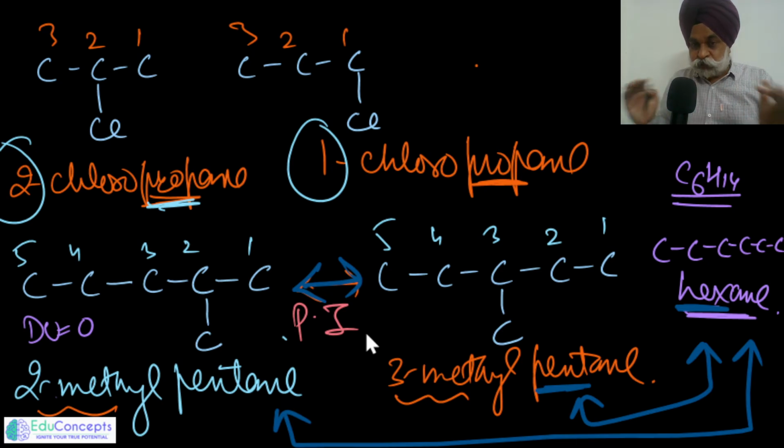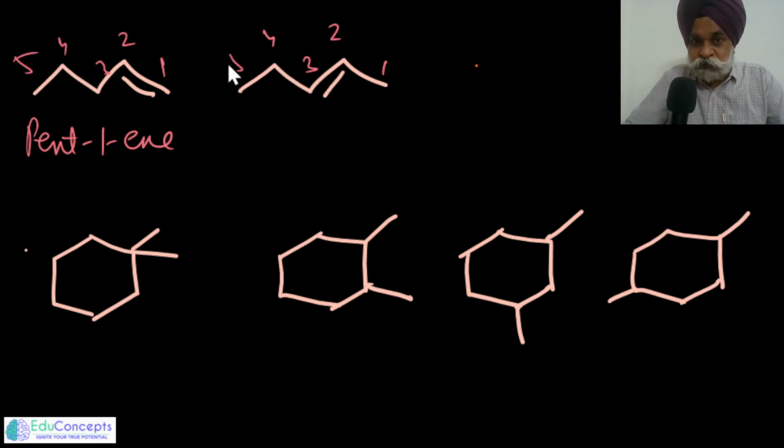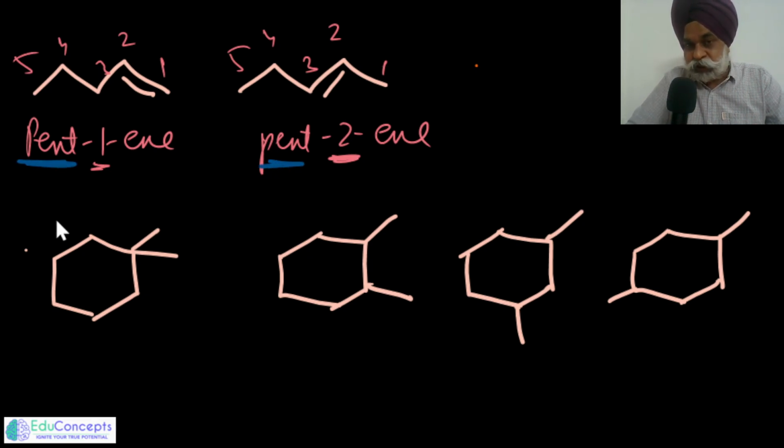So make it a point, position and chain isomers are to be done very carefully with respect to what they are asking. And similarly, if I say this is pent-1-ene, 1, 2, 3, 4, 5, and similarly 1, 2, 3, 4, 5, it is pent-2-ene. So what I did is the position of the functional group got changed, keeping the length intact. Here it is pent, here it is also pent.